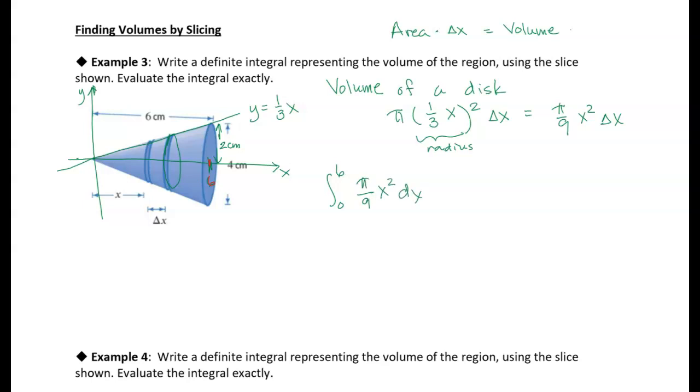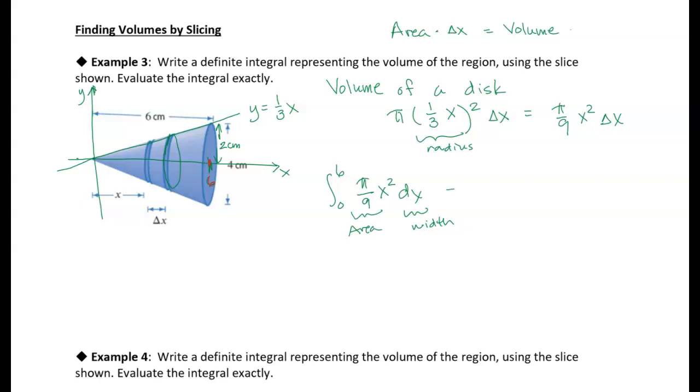As the number of disks goes to infinity, my delta x becomes dx, of infinitesimal width. So this is the width of the disk, and this is the cross-sectional area.